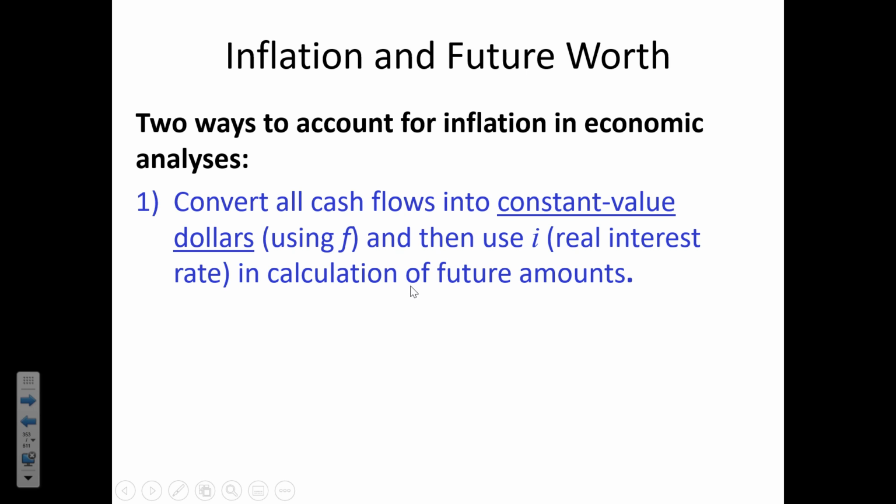If you know what your operating expenses are in the future, you discount them to the present using F, the inflation rate, and then if you wanted to know the future value of that economic opportunity at a certain real interest rate, you'd compound that to the future at I.